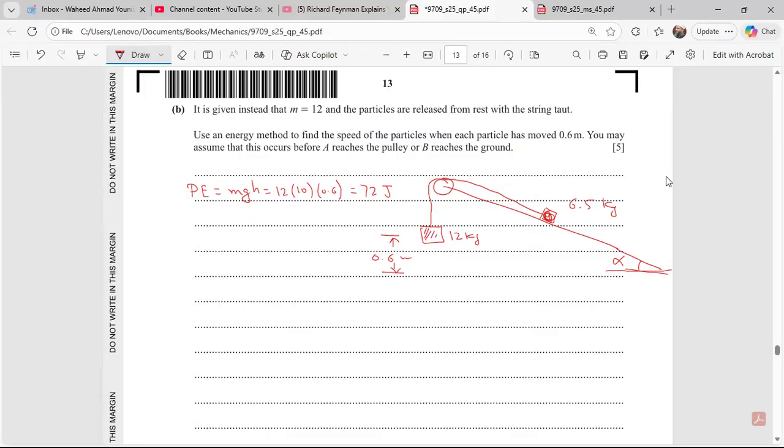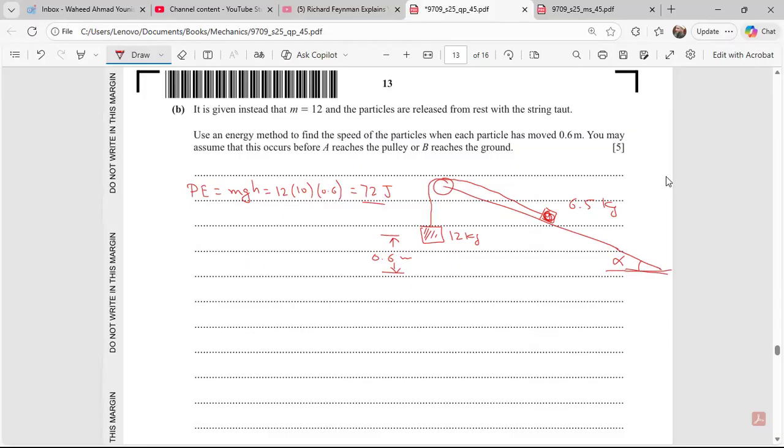And it has some kinetic energy when it reaches up. That's also coming from this energy. And some energy has been lost against this friction. So all these energies, the potential energy of this one, the kinetic energy of this one, the kinetic energy of this object, and the energy lost in the friction, they all sum up to this 72 joules. Okay, I hope it's clear.